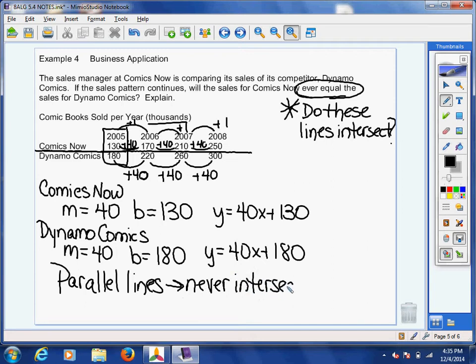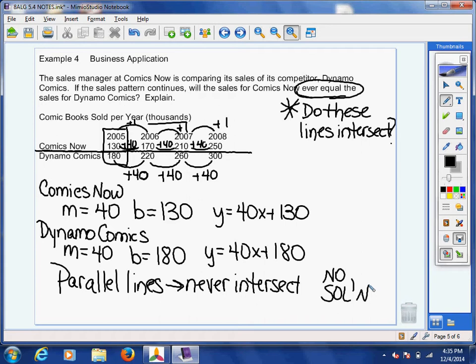And so what we have here is that there's no solution. There's not going to be ever a time in this pattern where their sales will equal each other. So the answer is no, the two companies will never be equal.